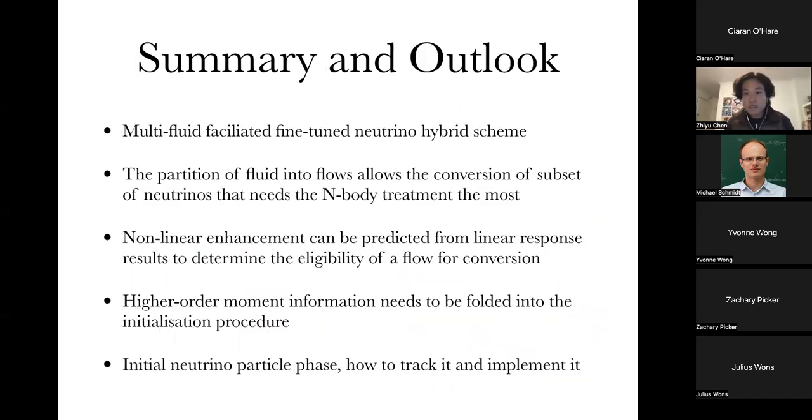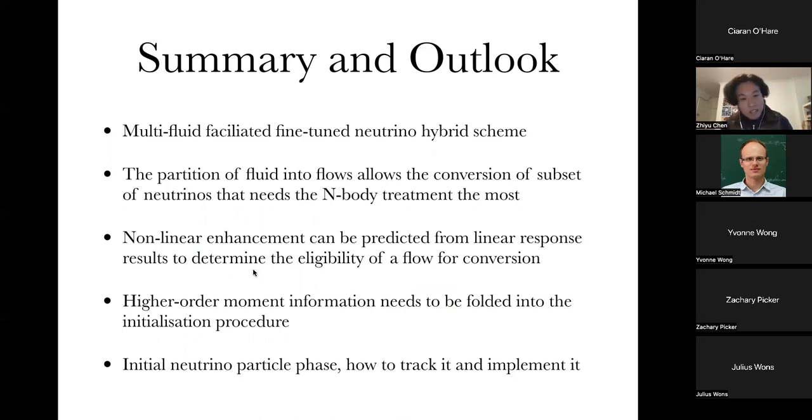Okay, so in summary, we're now using multi-fluid as a foundational platform for segregating the neutrino fluid into independent flows. This facilitated a method of fine-tuning exactly which neutrino flows to convert to N-body representation. We can control exactly when to convert them and which ones to convert, completely up to the user's choice.